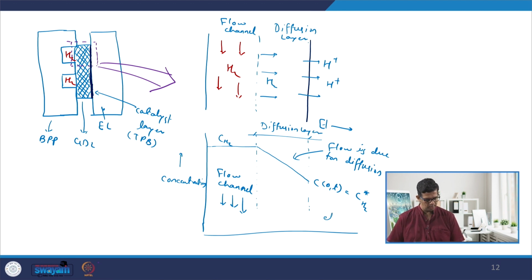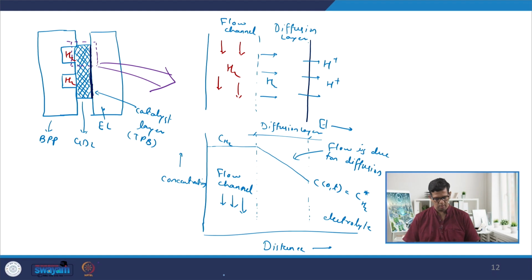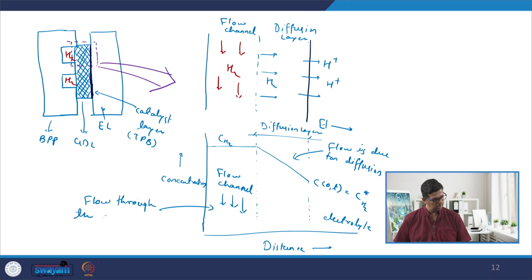And as we know, this is the electrolyte. So, this is basically distance. So, flow through the channel is due to convection.